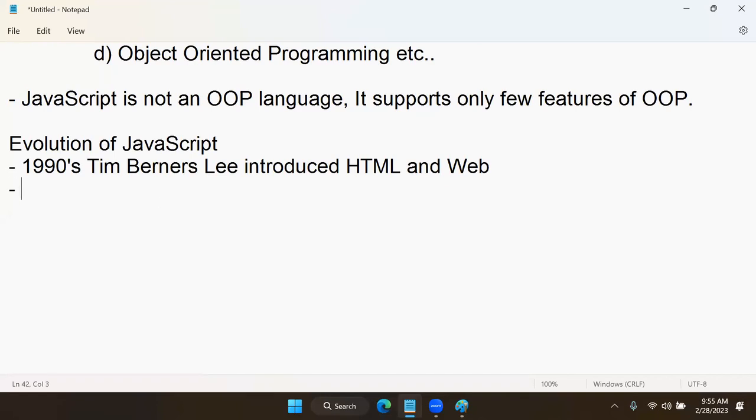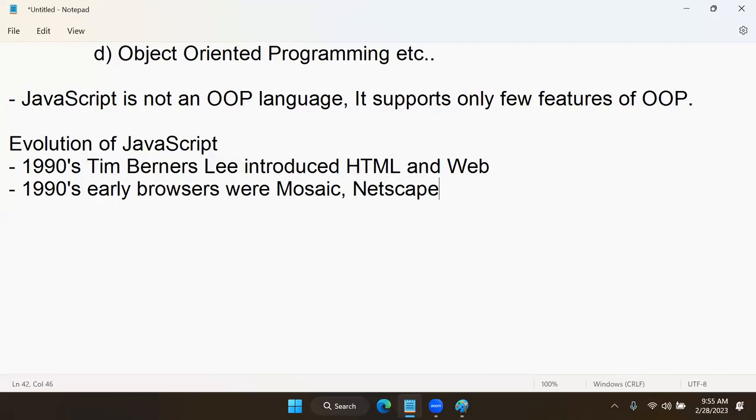It was first used in the 1990s. The early browsers were Mosaic and Netscape. In the early 1990s, there was a browser called Mosaic, the world's first browser. After that, the worldwide internet was used on a browser called Netscape.